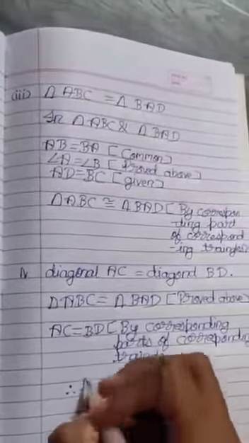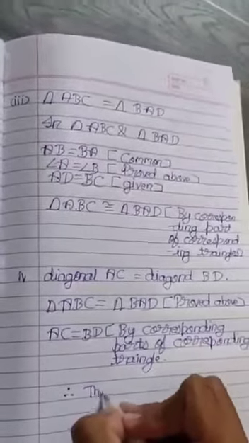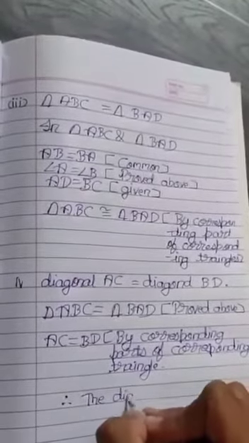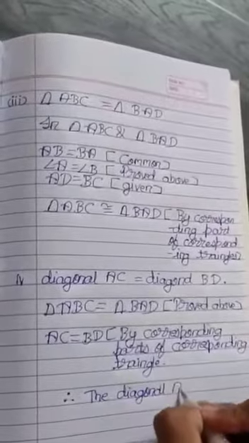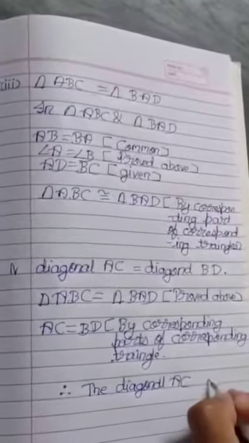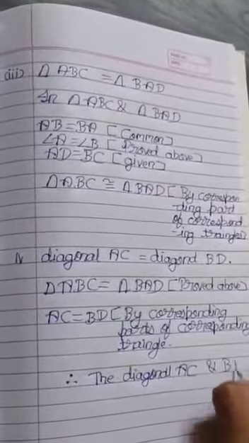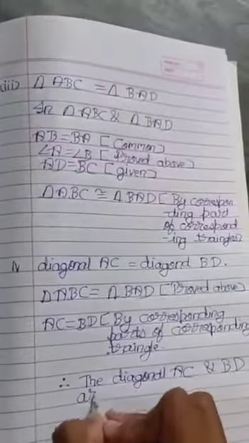Therefore, the diagonals AC and BD are equal.